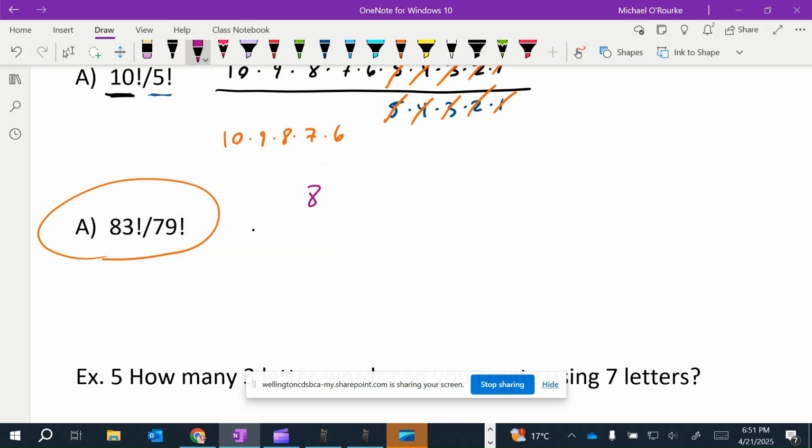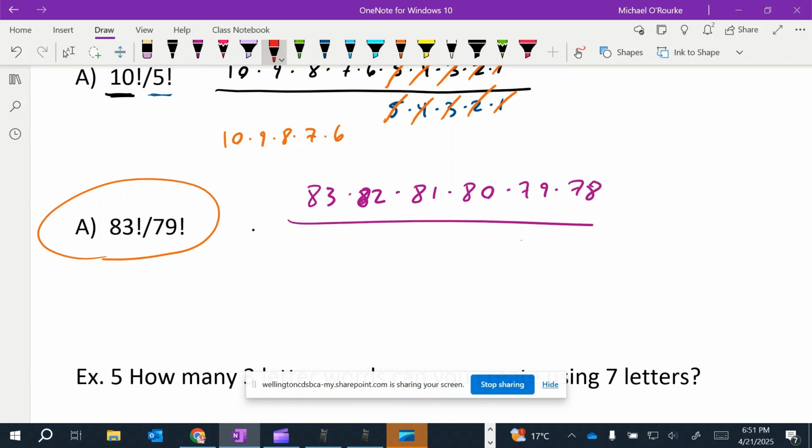So I have 83, 82, 81, 80, 79, 78. On the bottom, I would start at 79, and then 78. And these are going to cancel all the way down. So we're left with 83 times 82 times 81 times 80.